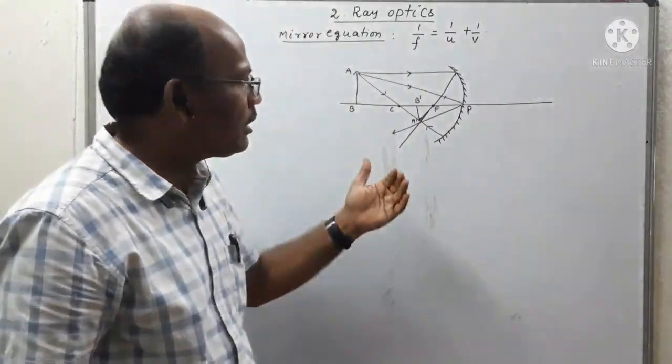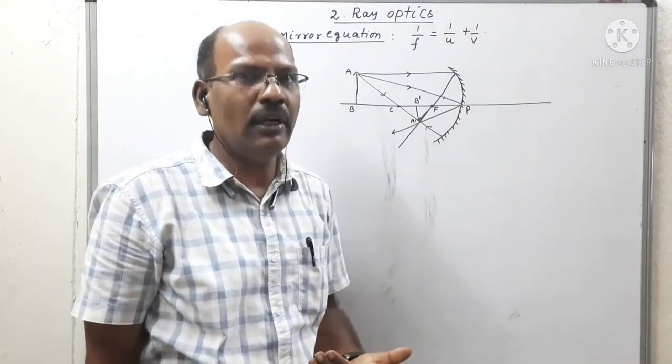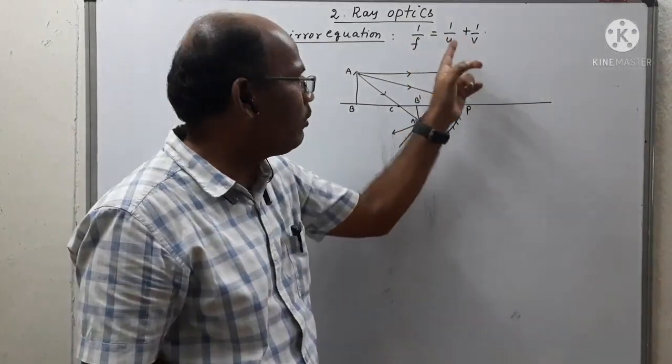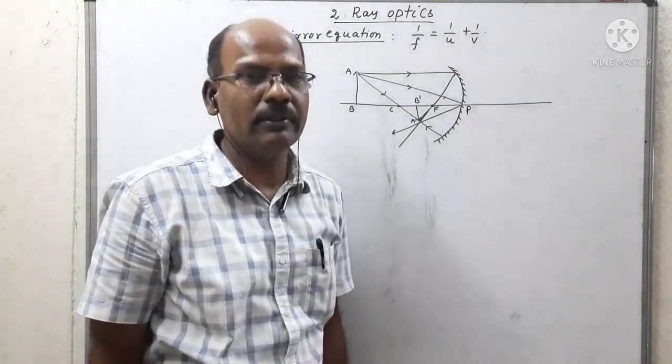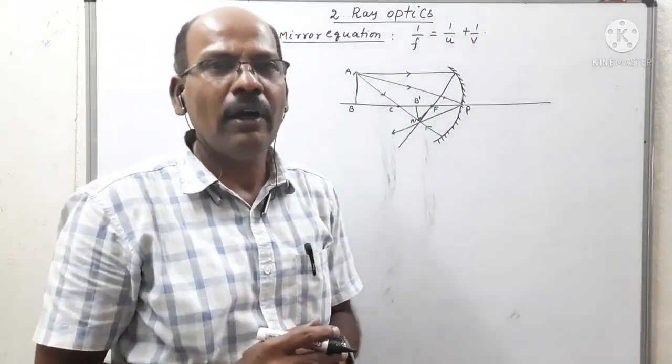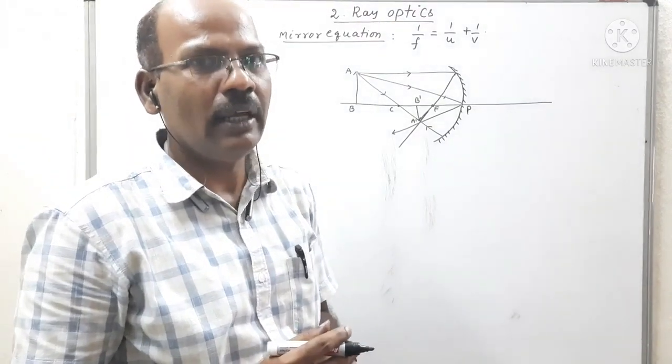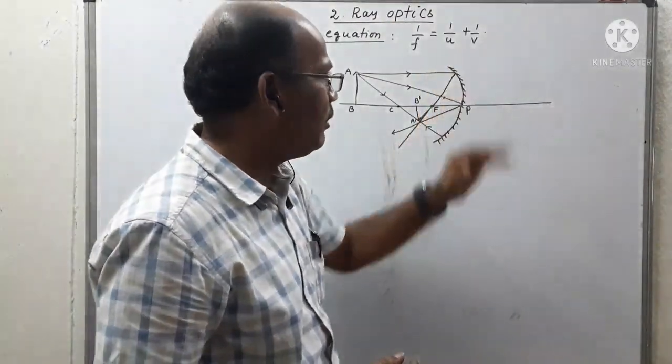So by applying the sign convention, we derive the relation 1 by f is equal to 1 by u plus 1 by v. With the help of the ray diagram, we can derive the equation.